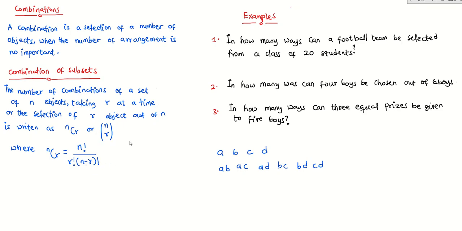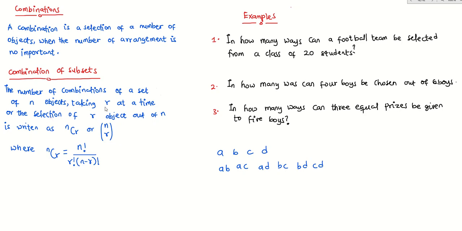This is the case where we have n objects and we are supposed to choose R out of the n objects. We are just going to look at the possible number of selections that we can make from the total n objects that we have.